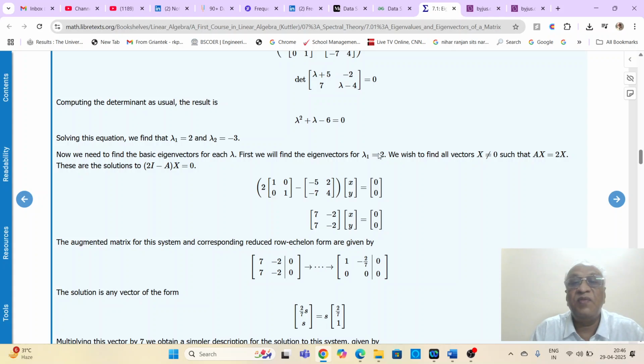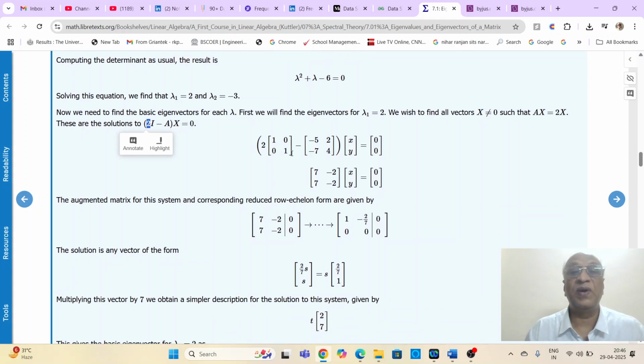So first we'll take lambda 1 equal to 2, and we want to find all vectors X not equal to 0 such that AX equal to 2x, is it not? AX is equal to KX, AX is equal to lambda X, AX is equal to 2x, because we are taking lambda 1 equal to 2, right? So lambda I minus A times X equal to 0, that is what we know, right? So lambda will be replaced with 2, so 2I minus A times X equal to 0.